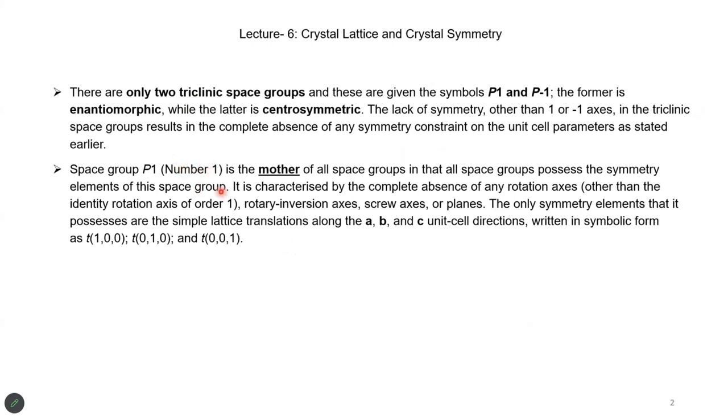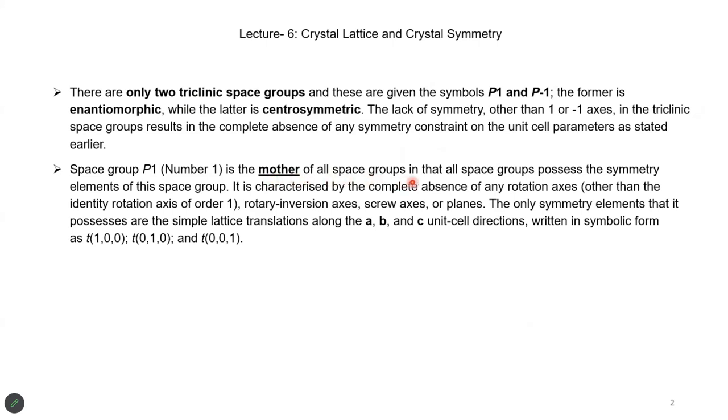First one is number 1. It is called P1, and it is space group number 1. It is called the mother of all space groups. Why is it the mother of all space groups? Because all space groups have that elemental symmetry, that is, the one-fold rotation axis. One-fold rotation axis means that it completes 360 degrees, then you get the object you started with, the equivalent object again.